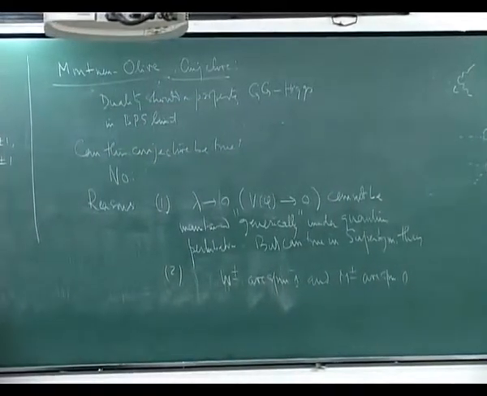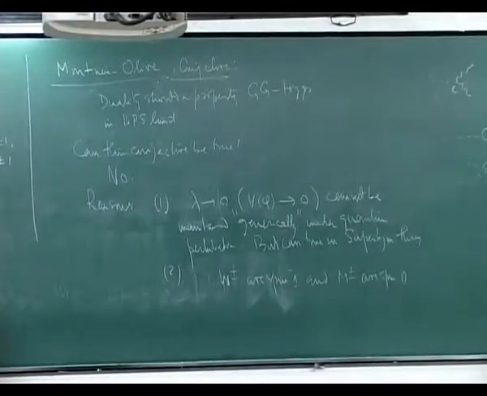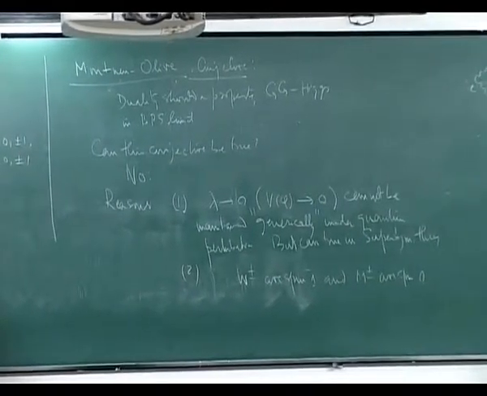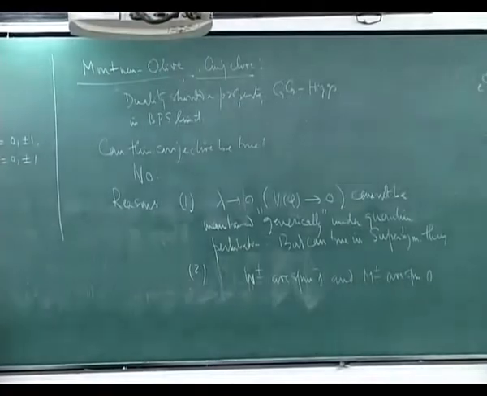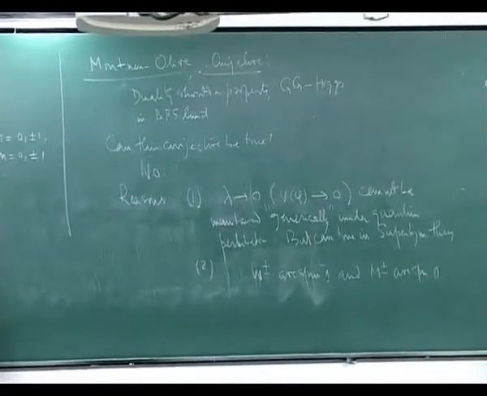Even if you have arranged that the mass spectrum is the same and couplings are the same, this property is not there. So therefore duality symmetry cannot be true. So how do we show that the spin of the monopole is 0? It is spherically symmetric. Didn't we construct it?